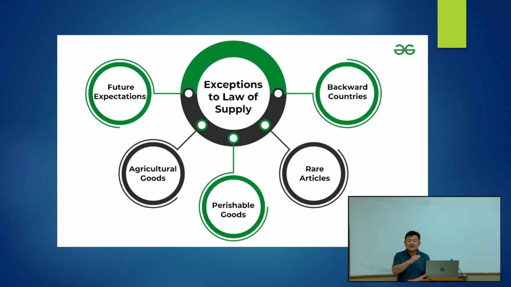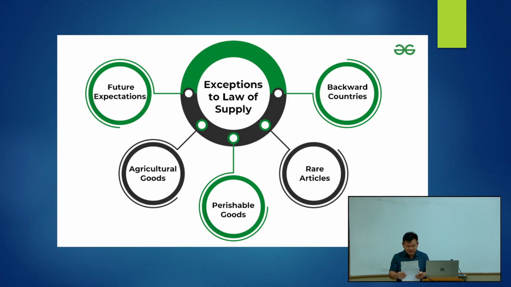That's why it is one-sided. This is a specific, important point of the law of supply.